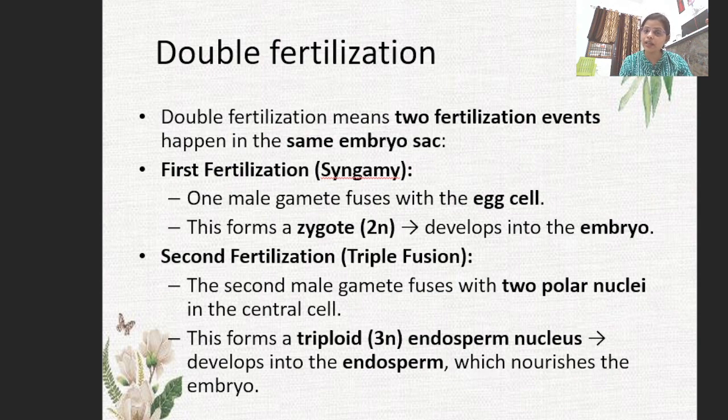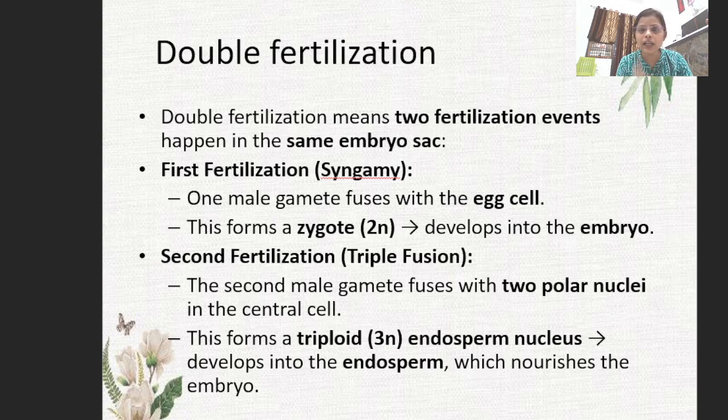The second male gamete, which undergoes the second fertilization, fuses with the central cell. In the central cell there are two free nuclei which we call polar nuclei. Both are haploid. It fuses with the male gamete. So in the second fertilization, three nuclei, two polar nuclei and one male gamete, fuse and give rise to the triploid cell which we call primary endosperm nucleus.